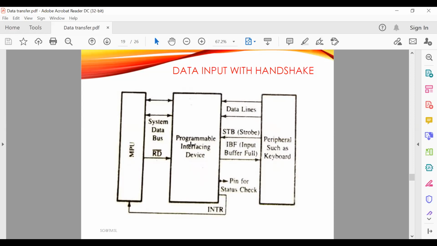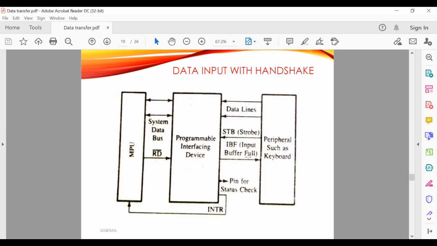Now the peripheral strobes or places a data byte in the input port and informs the interfacing device by sending the handshake signal STB, strobe. The device informs the peripheral that its input port is full.